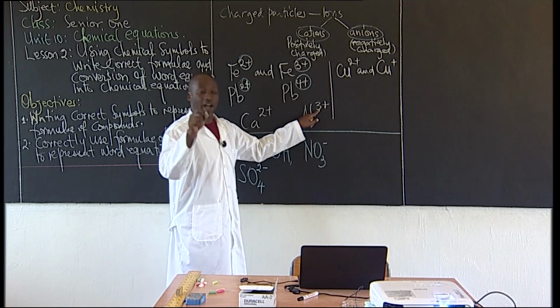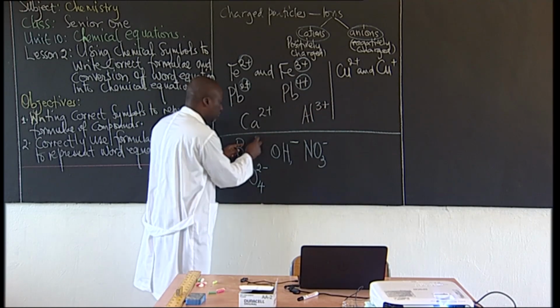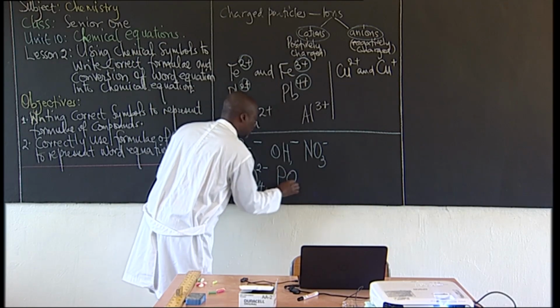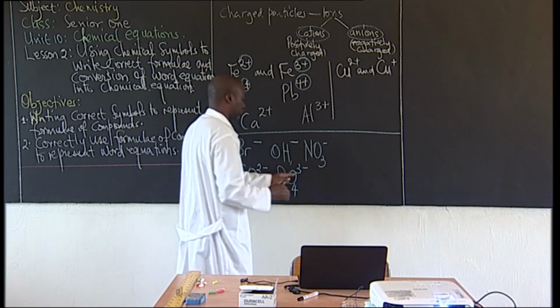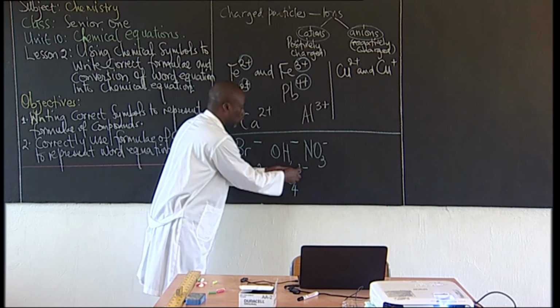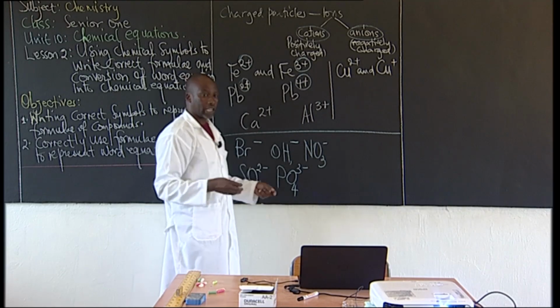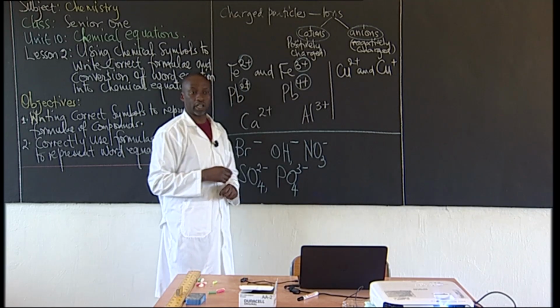Positive 3, valence of 3; negative 1, valence of 1. We may have a phosphate ion with negative 3. This is also the valence. This phosphate ion, which is a radical, has a valence of 3.